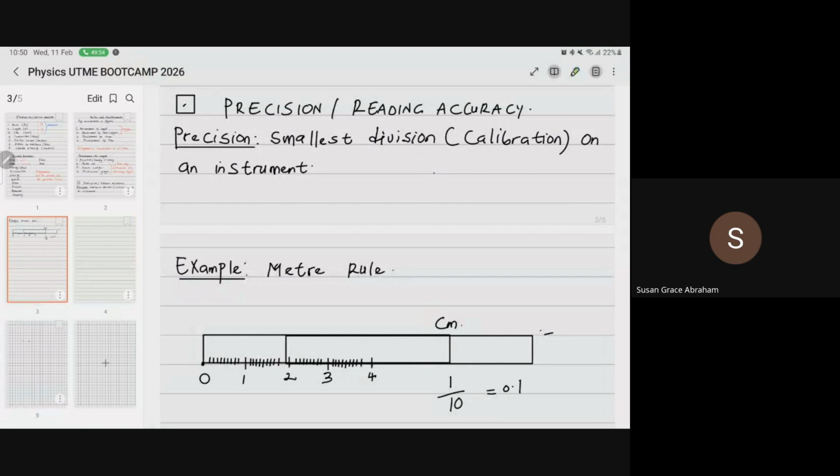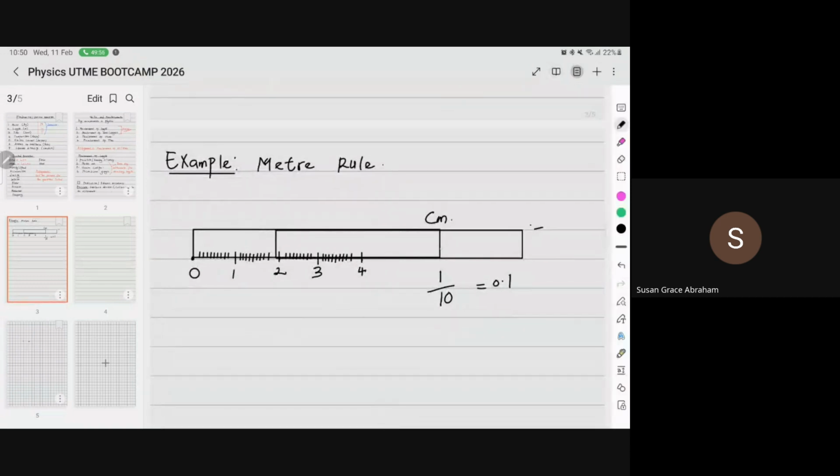And I said for your meter rule, the smallest calibration, remember I can have 5 here, I can have 6. So those tiny lines are going to be what? 1/10, which is equal to what? 0.1. So I have 1/10, which is equal to 0.1 centimeter.